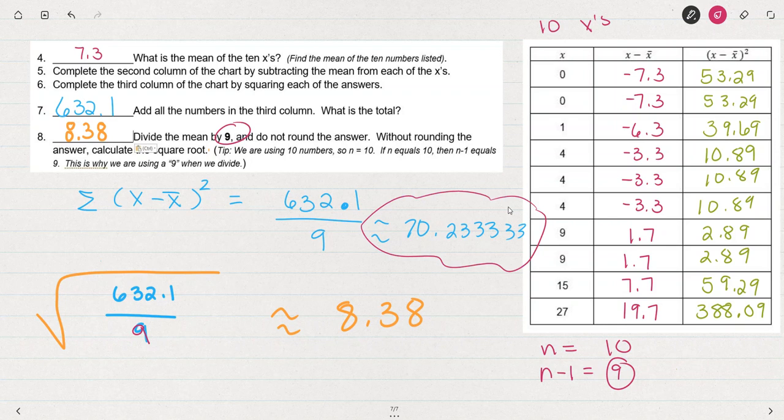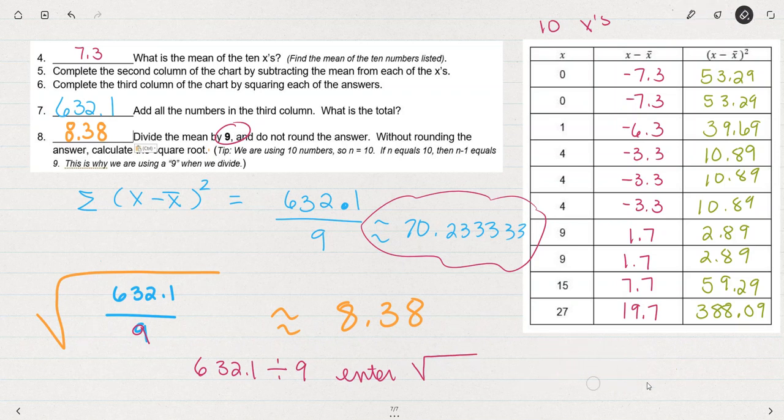So I have the 632 and 1/10 already in my calculator. I'm going to hit divided by 9, but be careful. Although you could write this number down, don't clear your calculator, because we want to take the square root of that whole thing, not a rounding of that answer. So on the calculator, I put 632 and 1/10 divided by 9 equals, and then I did the square root of that. Now, depending on how your calculator works, you might have had to put the square root first.